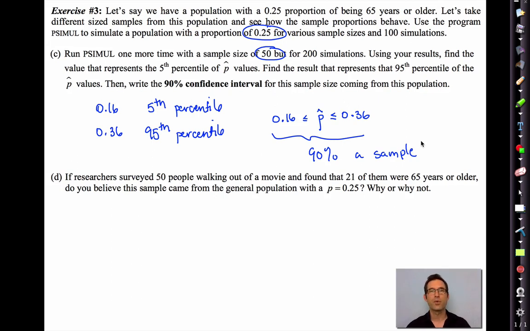So that's a 90% confidence interval on our proportion. Now let's do some inferential statistics.